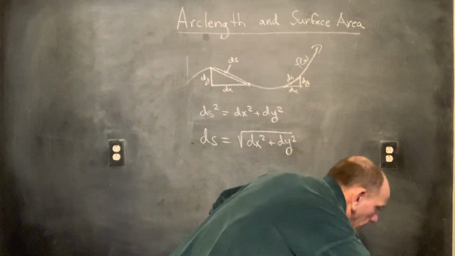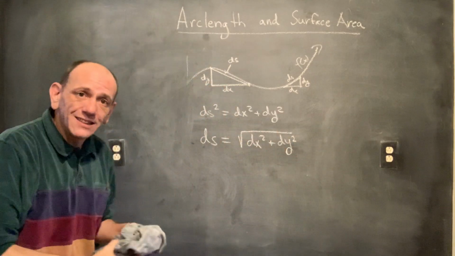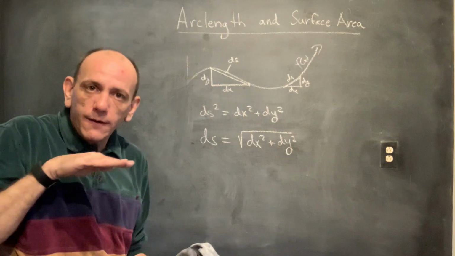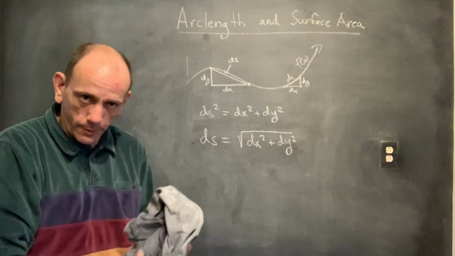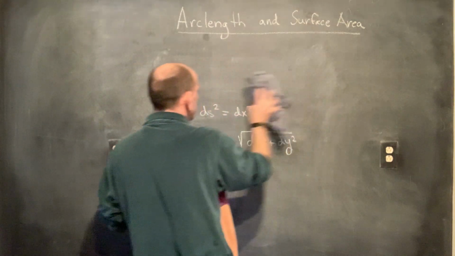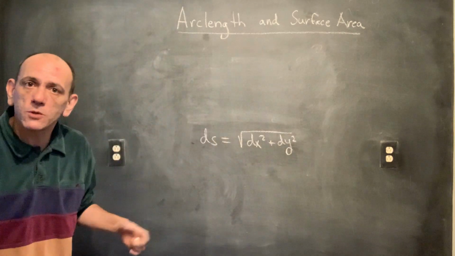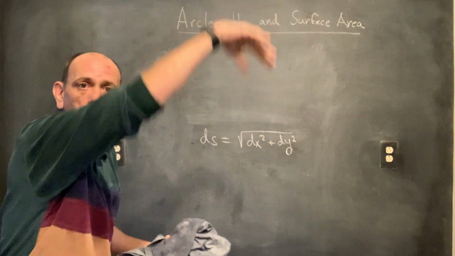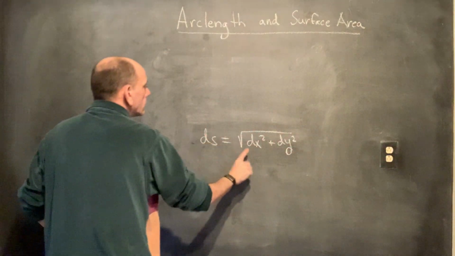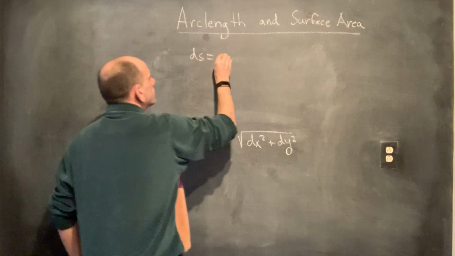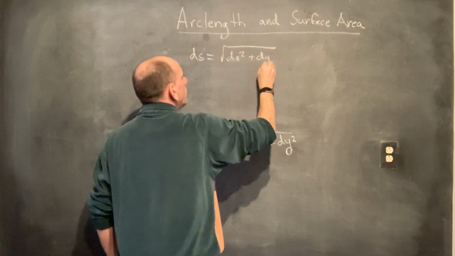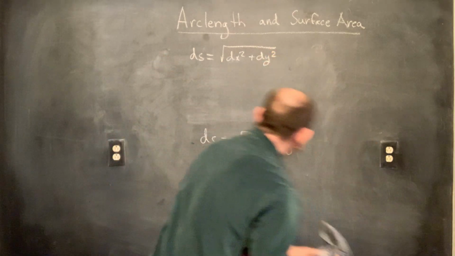So you can see that it's going to walk along with the curve. Great. But now I need a link. How does this ds operate if I'm just doing my normal left to right business, dx? This is a completely new dimension that I'm just inventing so that we can walk along that curve and add up the distance that we move. So ds is the square root of dx squared plus dy squared, straight Pythagorean theorem.